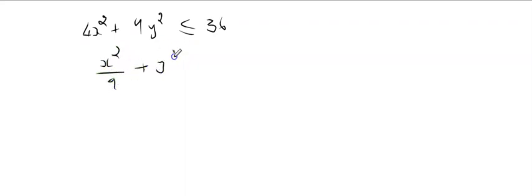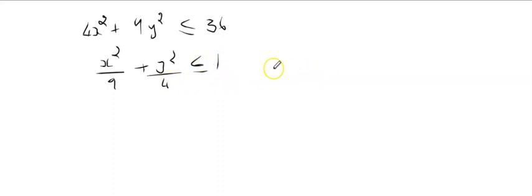It is given as 4x squared plus 9y squared is less than or equal to 36. First of all, let me make it an equation. I'm dividing throughout by 36. I'll get x squared by 9 plus y squared by 4 is equal to 1, or less than or equal to 1.